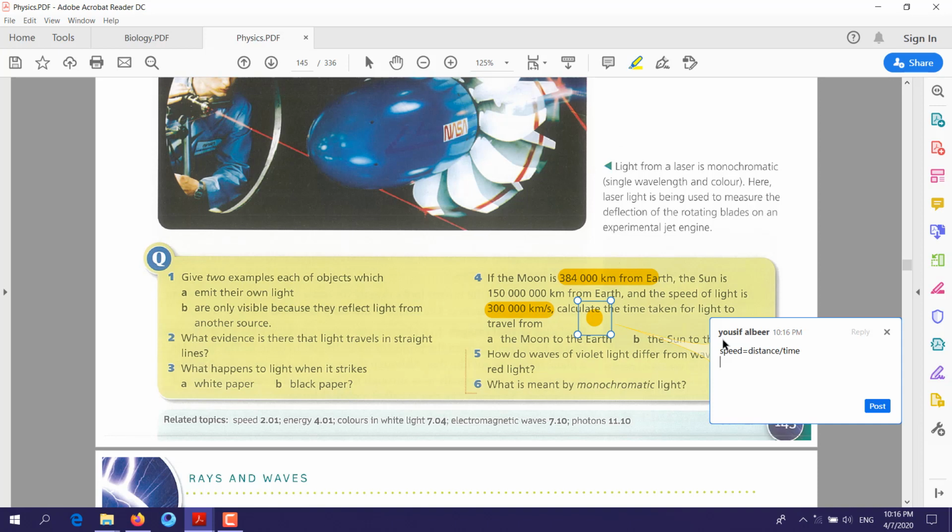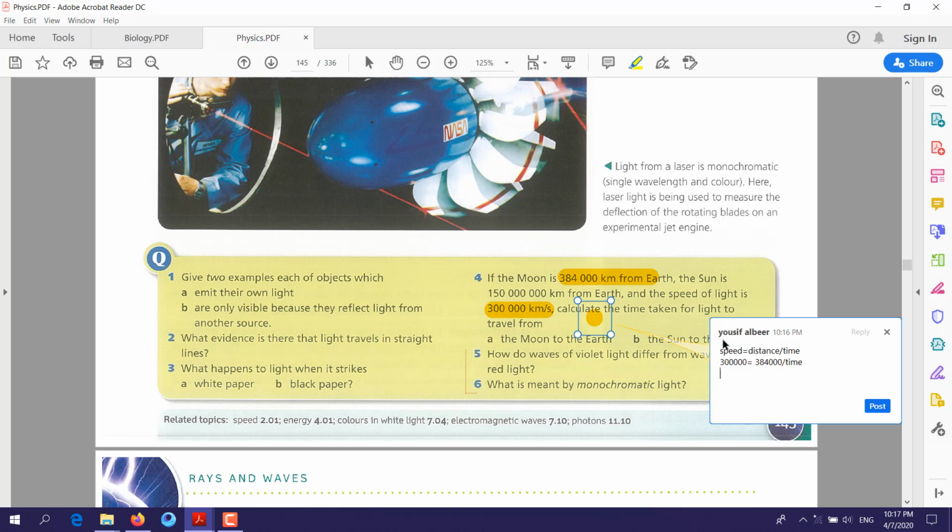The speed is equal to the distance. The distance is 384,000 over time.